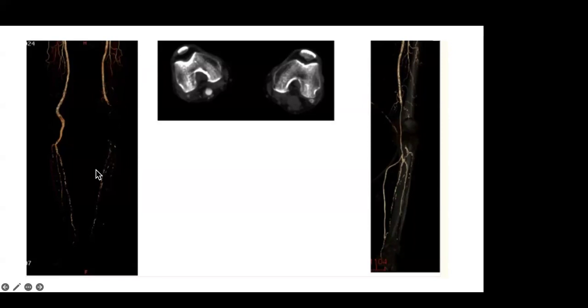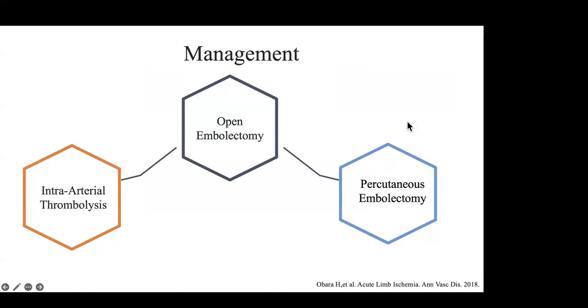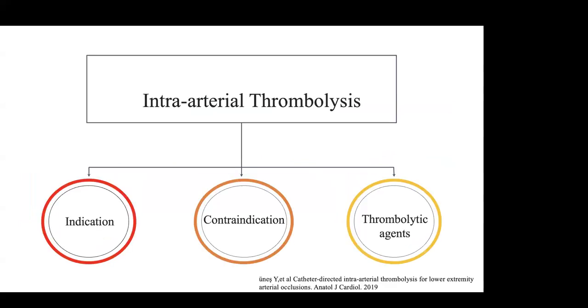Even here, we can see that there is a complete absence of blood flow in the popliteal segment. Going to the management, the management of acute limb ischemia can be either by intra-arterial thrombolysis, open embolectomy, or percutaneous embolectomy.